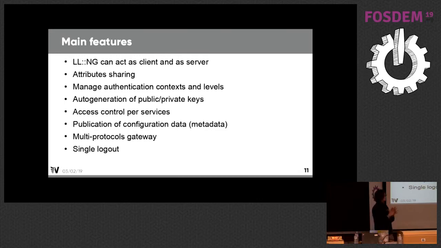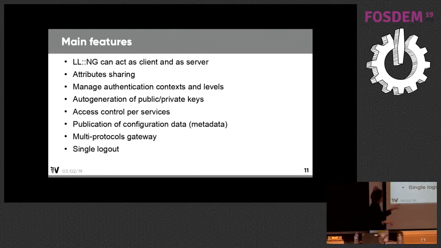So a good feature is also to be able to be a gateway between these protocols. You can imagine, for example, you have a CAS server in your organization and you have an application with a SAML client. You can put LemonLDAP NG between. LemonLDAP NG will be the SAML server for your SAML application and will be the CAS client for your CAS server. So you will be able to link any application with any protocols with it.